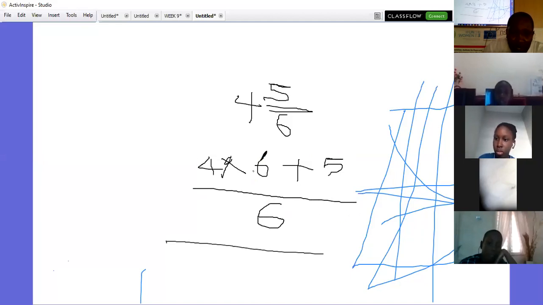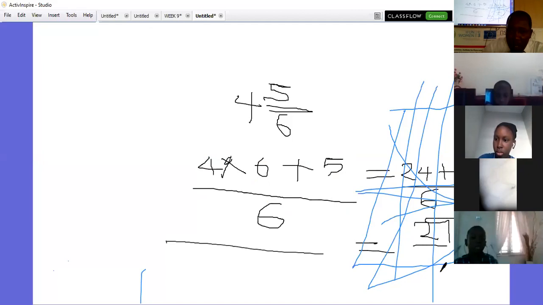Now 4 times 6, we know this is equal to 24, right? Then plus 5, then all over 6. 24 plus 5 is what? 29, all over 6. Then that is the end of the example.